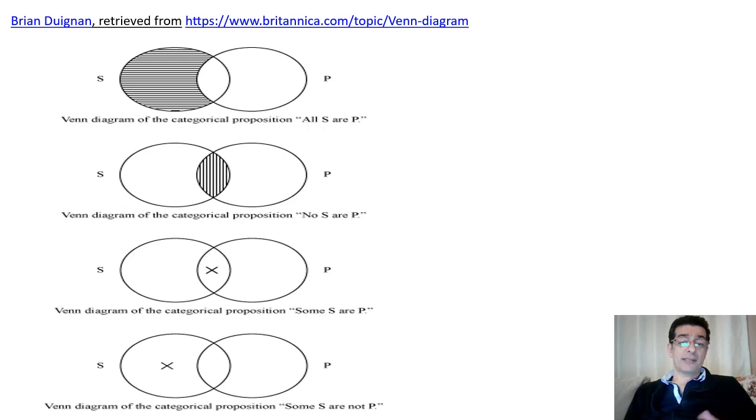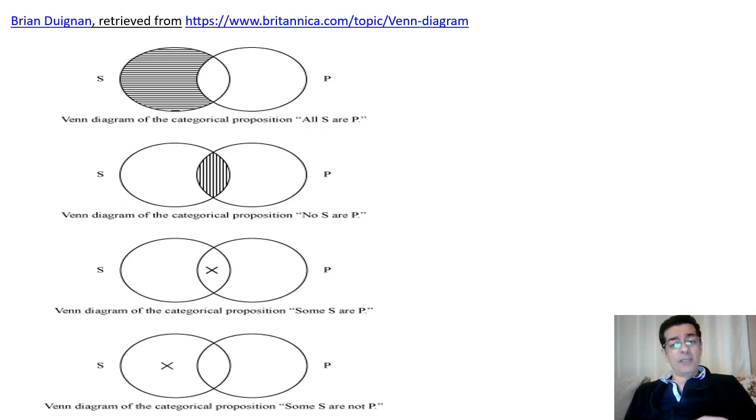And some S are not P? It is negative. So you can see that 2 standard form categorical claims are affirmative and 2 are negative. Which claims are affirmative? A claims and I claims. And which are negative? E and O claims. Now we will use this classification later when we are talking about categorical operations.